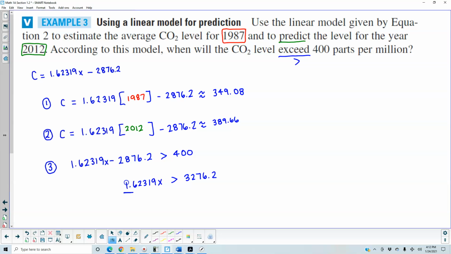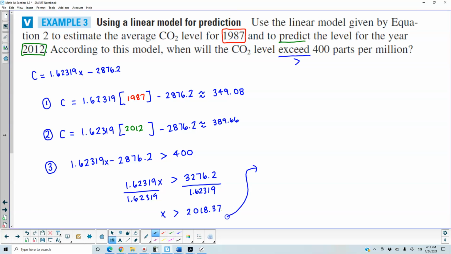And then in order to solve for x, we're going to divide both sides by 1.62319. And so therefore, x is going to be greater than 2018.37. So what does that mean?